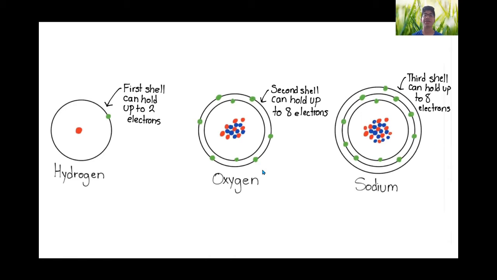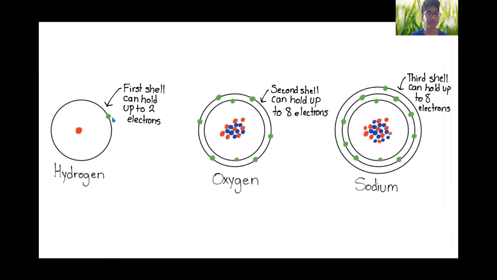So here we have the atom structure diagrams of hydrogen, oxygen, and sodium. As you can see, hydrogen has only one electron shell, while oxygen has two electron shells, and sodium has three electron shells. Why do they have a different number of electron shells, you may ask? Well, the number of electron shells an atom has solely depends on the number of electrons it has.